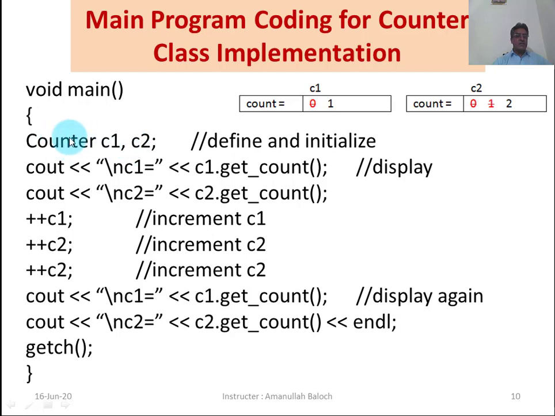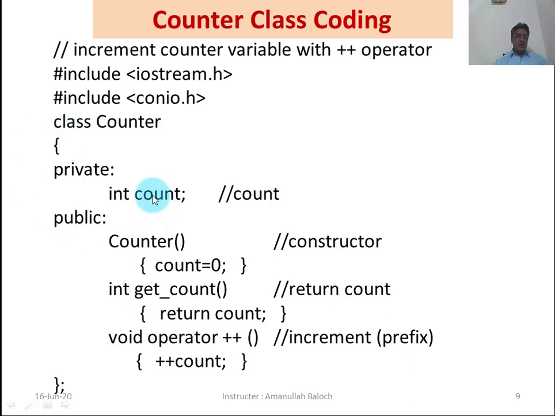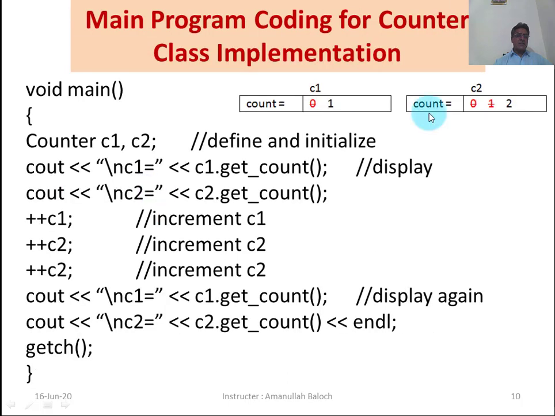C1 and C2 are its two objects. Because the class contains a single variable, count, it will assign the memory of count to the two objects, C1 and C2. This is the memory of count for C1, and also the memory of count for C2.